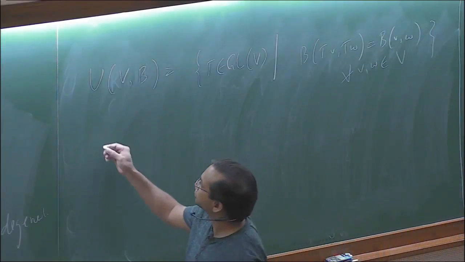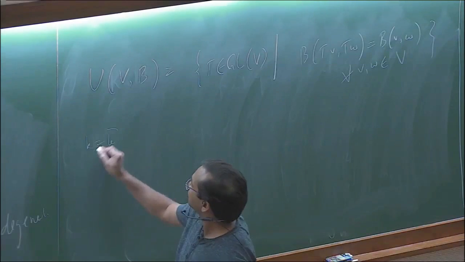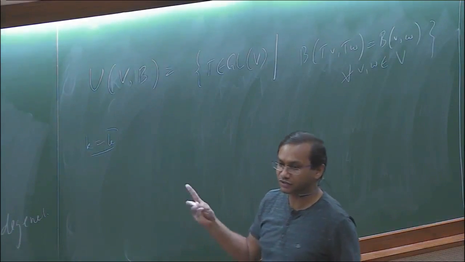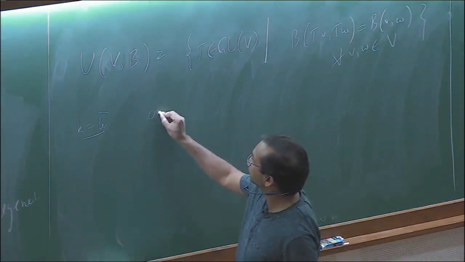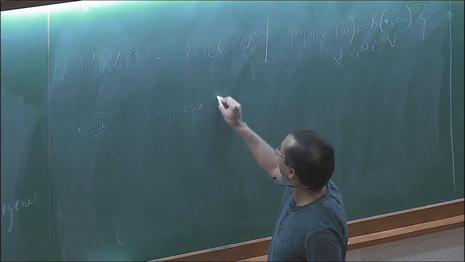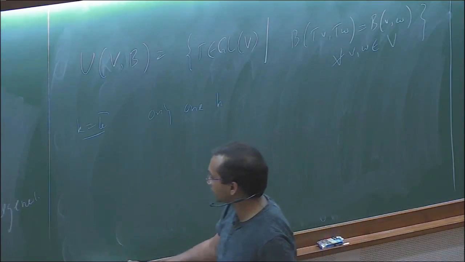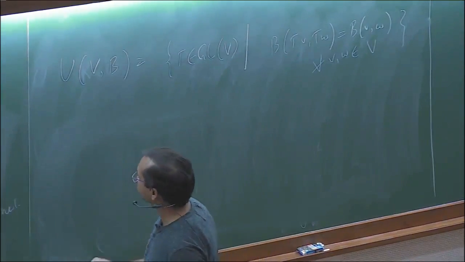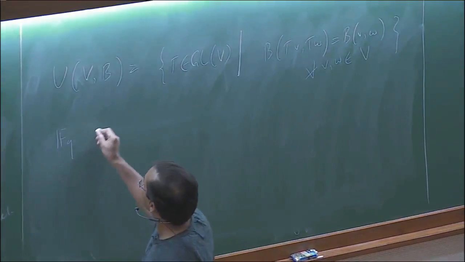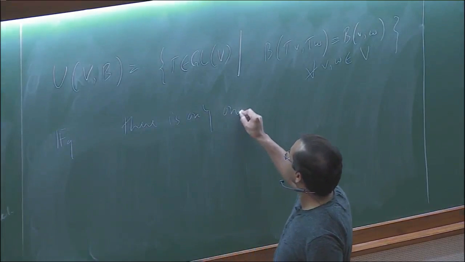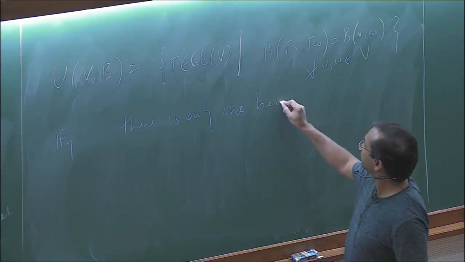For an algebraically closed field, up to equivalence, there is only one Hermitian form. So there is one unitary group, only one. Now, for a finite field, I want to say first, for a finite field, there is only one Hermitian form.